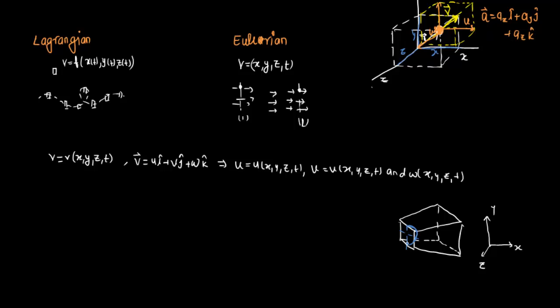So here and here the velocity is 0, but at the center line the velocity is maximum. Similarly in the z direction, at this point and this point the velocity is 0, but it is maximum at the center line. So you can see the velocity u, the velocity in the x direction, varies in the y direction. It is maximum at the center and 0 at the solid surface or wall of this duct. Similarly it also varies in the z direction, maximum at the center and 0 at the wall. And it is moving in the x direction.